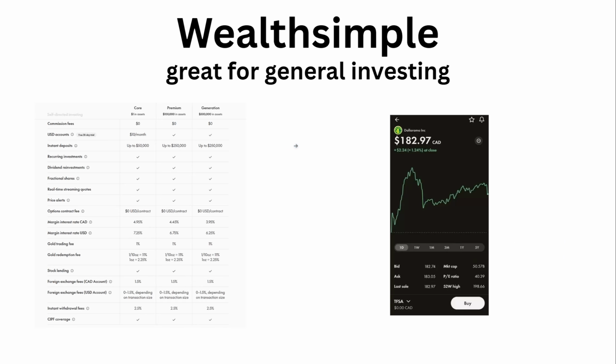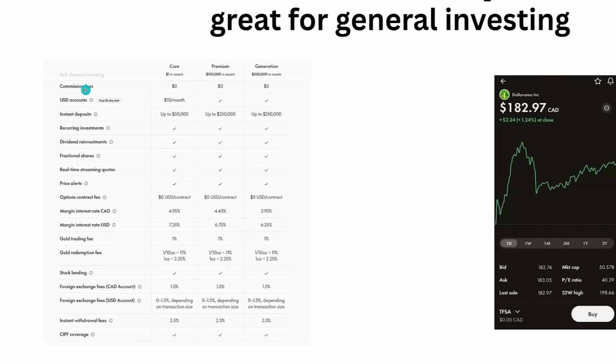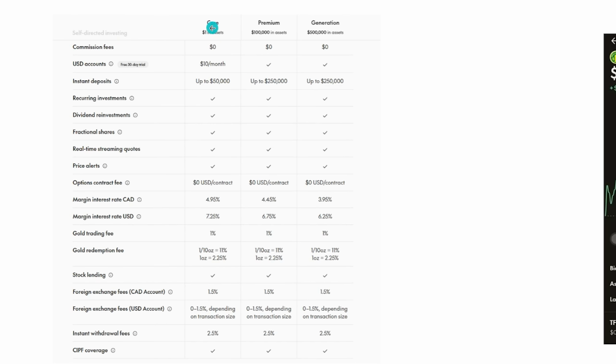First, we have Wealthsimple, which is just a well-rounded brokerage to use. I listed their commission fees in their starting plan, their Core. If you just have $1 with them, you pay $0 in commissions. You can deposit up to $50,000 into their checking account, and you pay $0 on options.